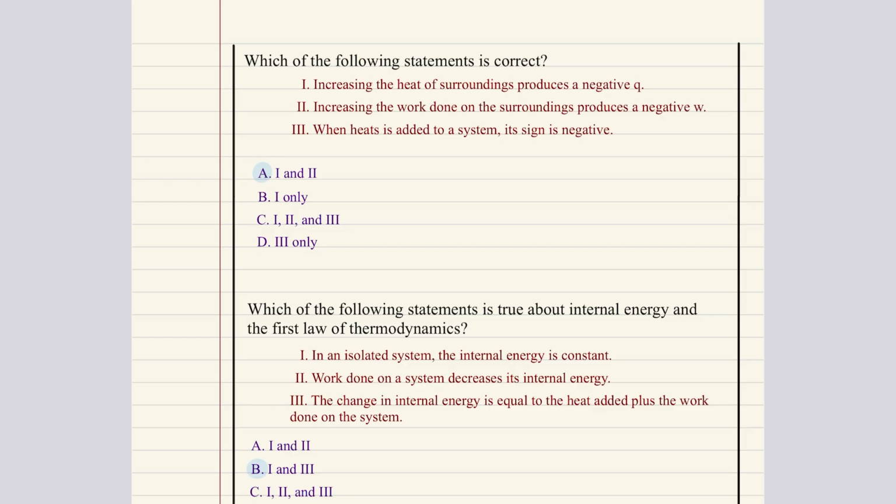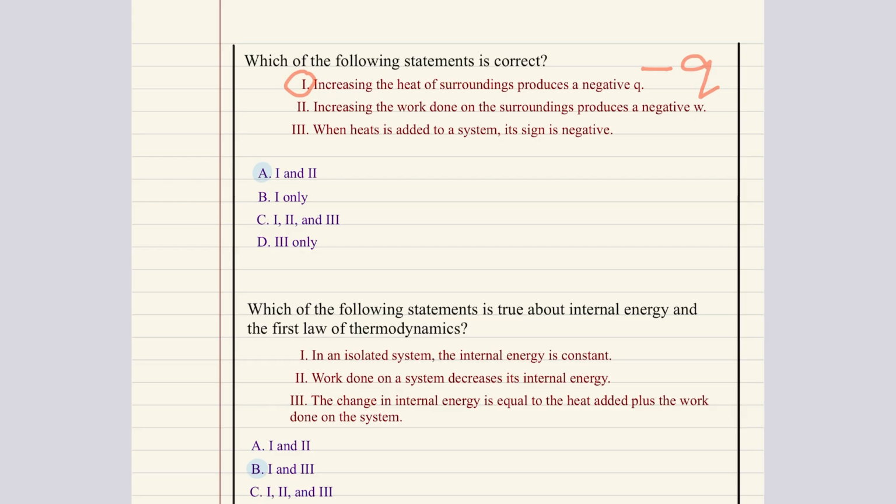Statement 1 says, increasing the heat of surroundings produces a negative Q. This is true. If the surroundings are gaining heat, then the system must be losing it. And since Q represents heat from the perspective of the system, a loss of heat means a negative Q.